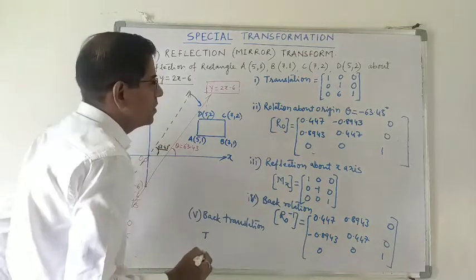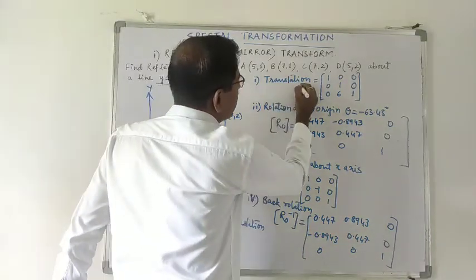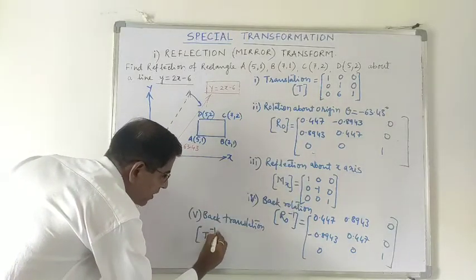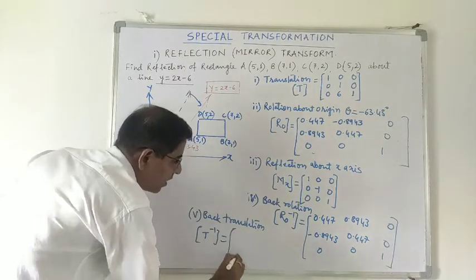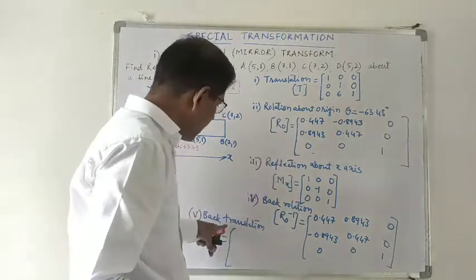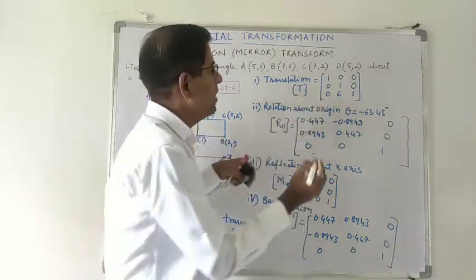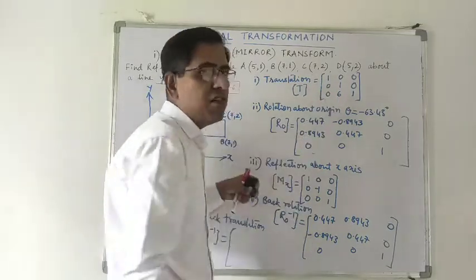So this is a T matrix. So back translation will be T inverse matrix. And this back translation matrix of the original translation matrix can be obtained by changing the sign of Tx and Ty.